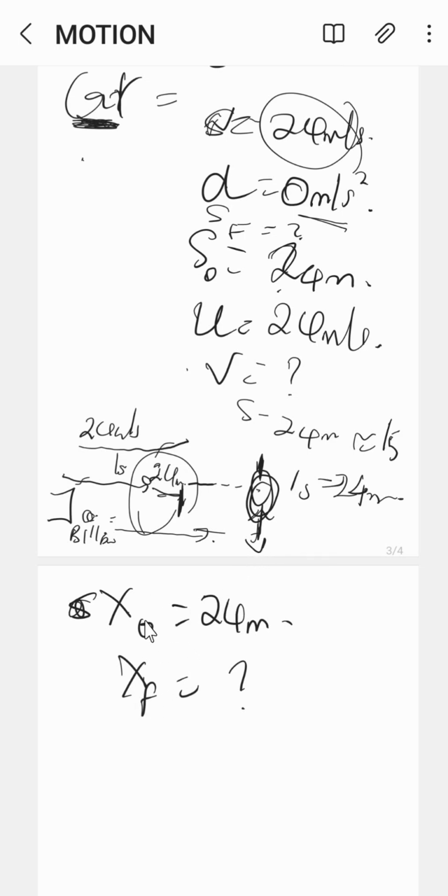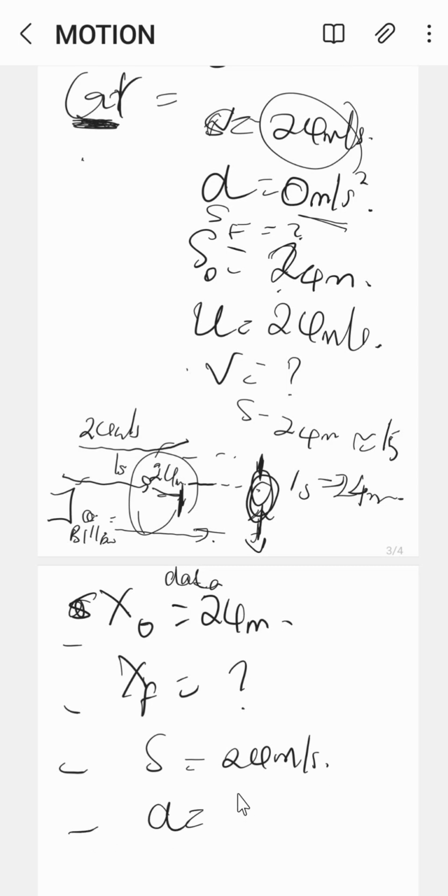That is why we'll have initial and final: 24 initial and final unknown, because that is what we are going to look for, traveling at still constant speed. So now our data for the car is this. These are the distances. Then we also have speed 24 meters per second, and acceleration 0 meters per second squared.